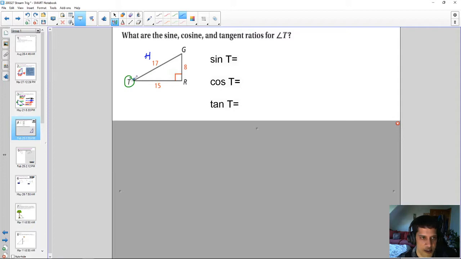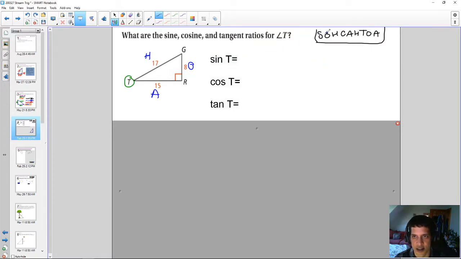Okay. Opposite is always across from our angle T. It doesn't touch our angle T. And adjacent is going to be next to our angle T. All right. Now I'm going to help myself out by writing SOHCAHTOA up here, so I can remember easily. Okay.